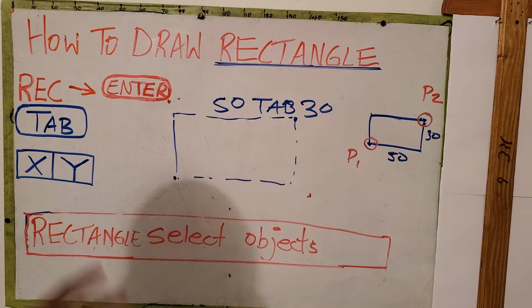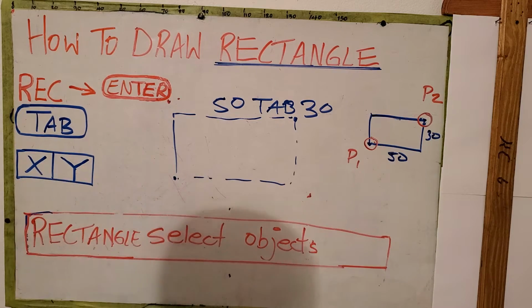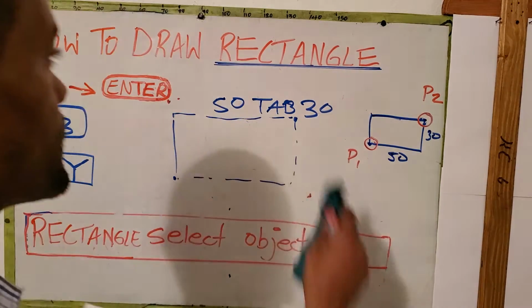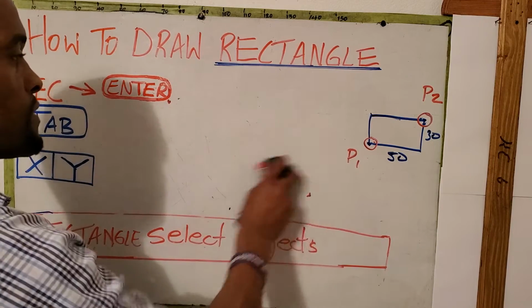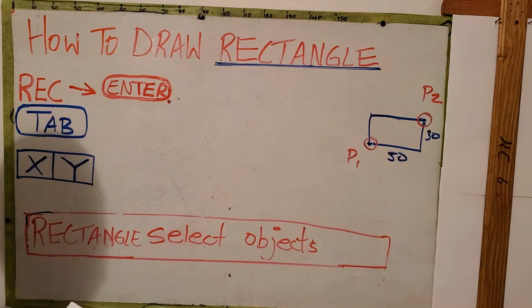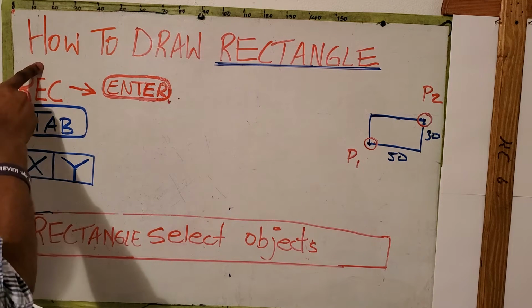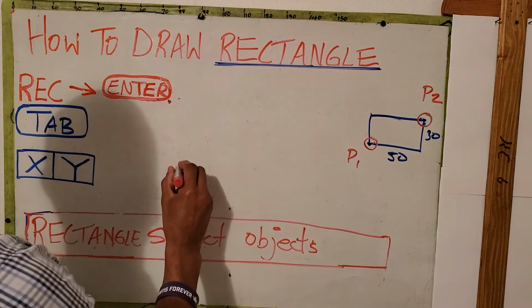All right, very important note, just in case you have entered the wrong value for the Y. Let's go through this one more time. You want to draw a rectangle, you type REC followed by the enter key. You then click your first point, which is here.